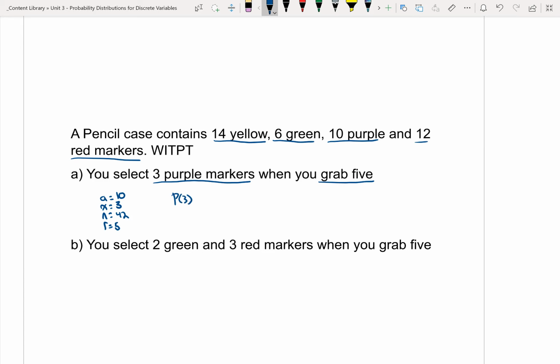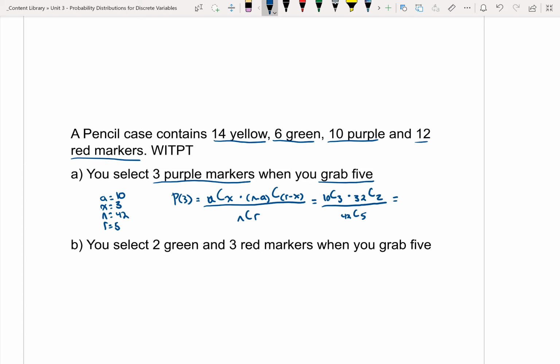So the probability of 3 purple markers is equal to A choose X times N minus A choose R minus X all over N choose R. And if we work this out, we get 10 choose 3 for our purple markers times 32 choose 2 for our unsuccessful options, or everything but purple markers, all divided by 42 choose 5 for our total number of outcomes.